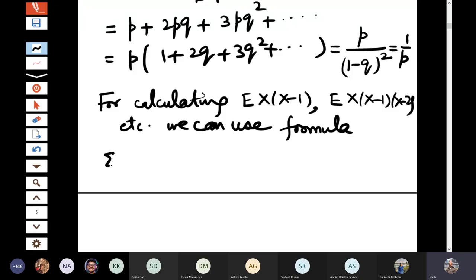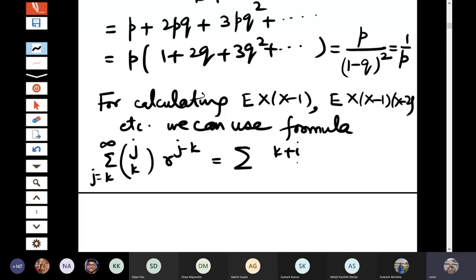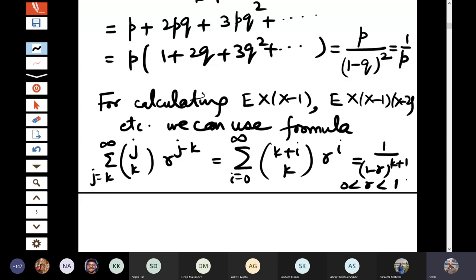That is sigma j C k r to the power j minus k, where j is equal to k to infinity, or we can write like this also, sigma k plus i C k r to the power i, i equal to 0 to infinity, is 1 by (1 minus r) to the power k plus 1, where of course r is less than 1.